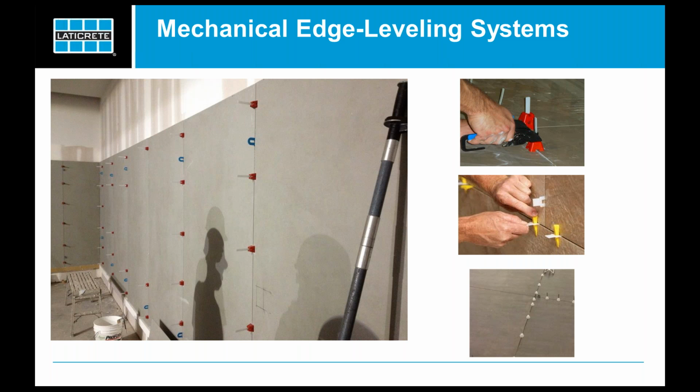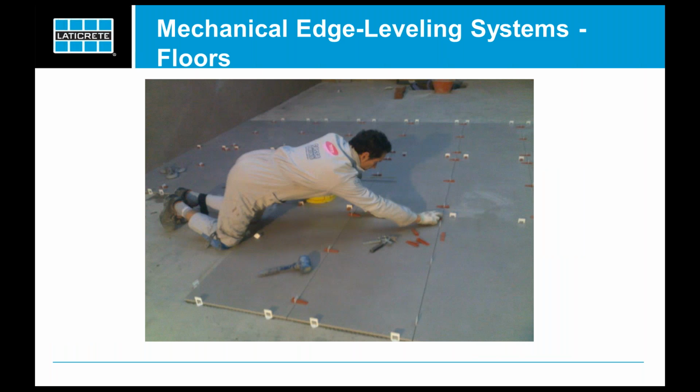Some are straps where you attach it and then you kind of tighten it and it brings both surfaces to the same level. There's the wedge type. There's also others that basically are twist and level at the same time. So there's many types of edge leveling systems, but regardless of which one you use, they're ideal for this.